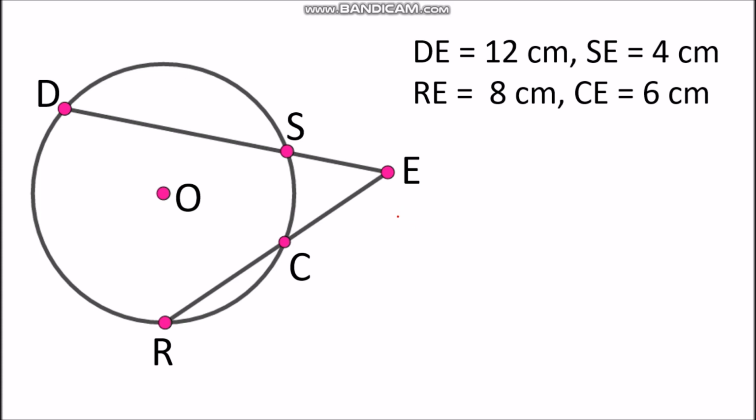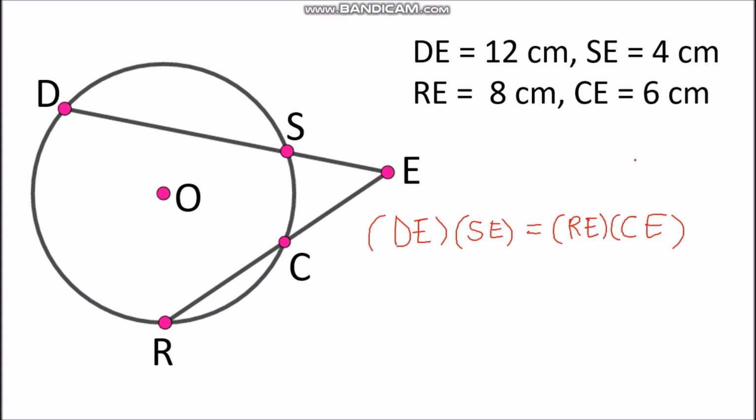First, let's get the secant segment, which is segment DE. Now let's multiply it with its external part, which is segment CE. Now this should be equal to the product of the second secant, which is segment RE, and its external part, which is segment CE.